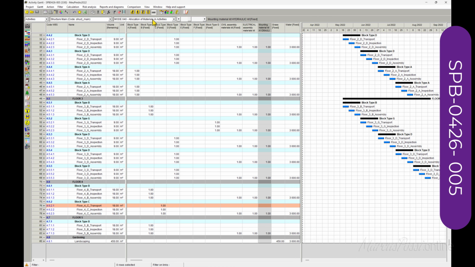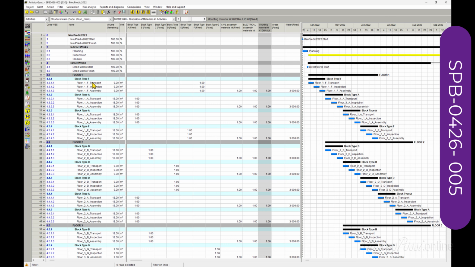Okay, you applied materials to these blocks. But what about planning, supervision, is there any material for them? I don't think it has some materials for them.